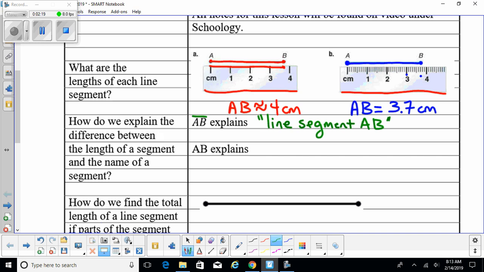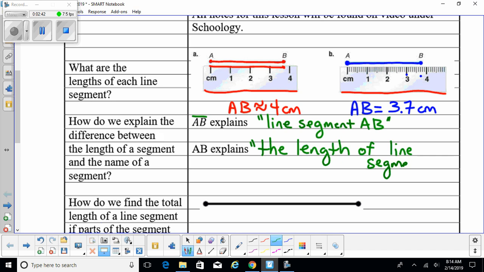It's actually line segment AB. Here, AB, notice there is no line above it. It is nothing more than 2 letters sitting next to each other. That describes the length or the distance between, or the length of, line segment AB.